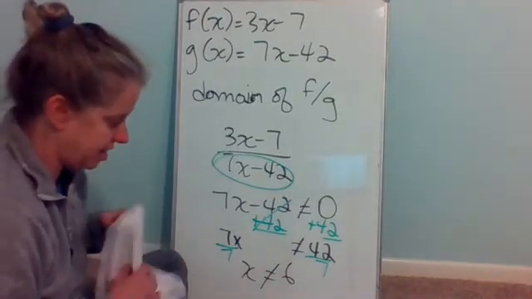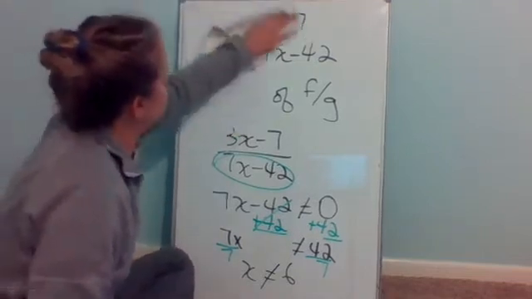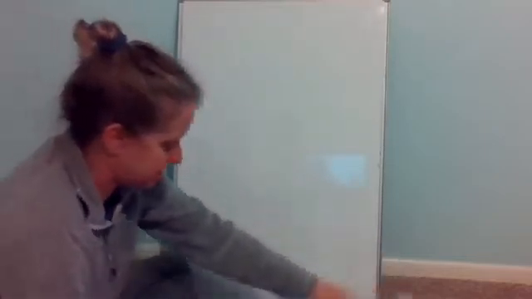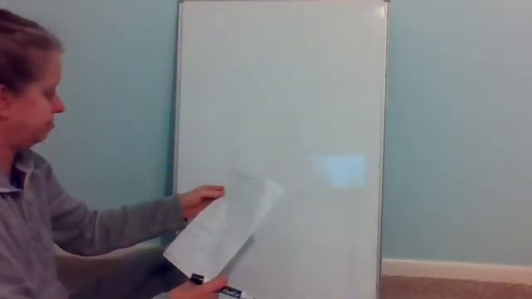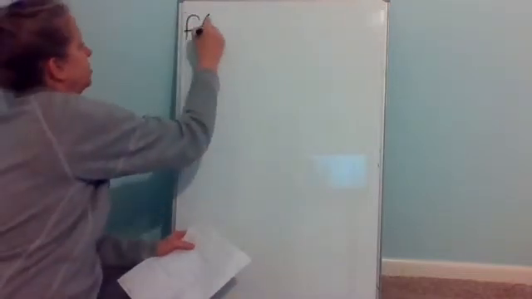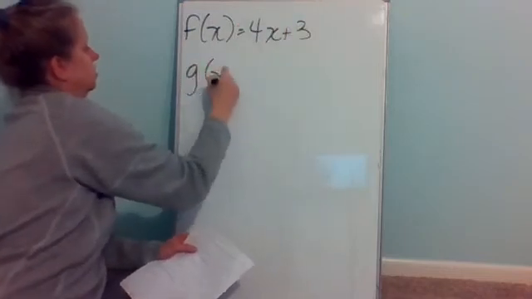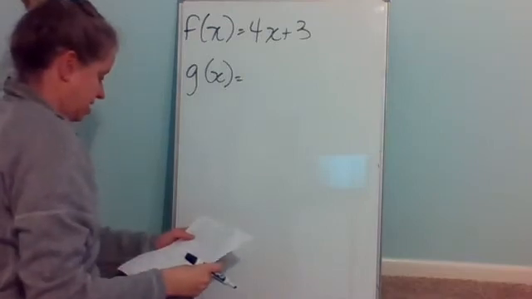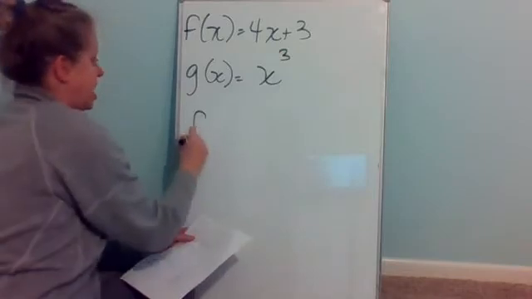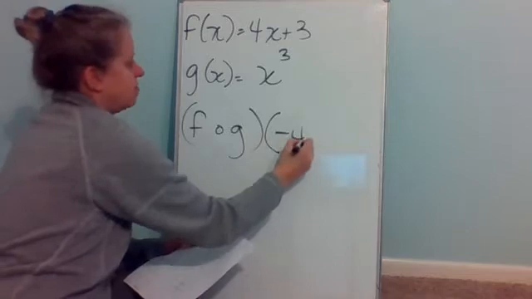All right, number 16. So now we're going to be given 2 functions, and this is when we got into the composition of the functions, the f of g's and the g of f's. So on number 16, we've got f of x equals 4x plus 3, and g of x equals x to the 3rd, and it wants me to find f of g of negative 4.